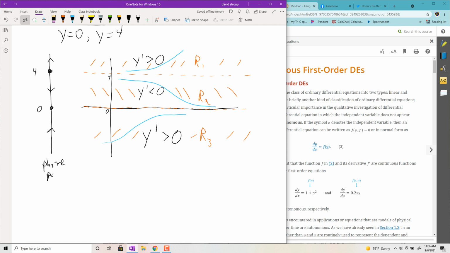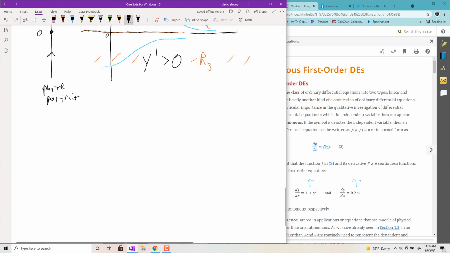So let's talk about the phase portrait and give some characteristics of it. So section 5, phase portraits. This is a graph of the critical points and the signs of the derivative.